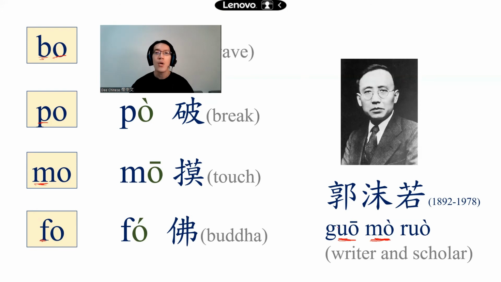But in Chinese, u and o should be pronounced comprehensively, so 郭 is guo. But with the mo here, the o should be the closed o, mo. So his name should be pronounced 郭沫若. Okay, so that's all the special cases in 汉语拼音.